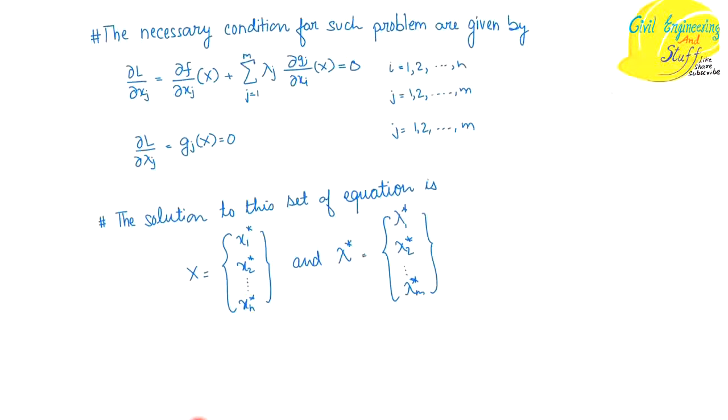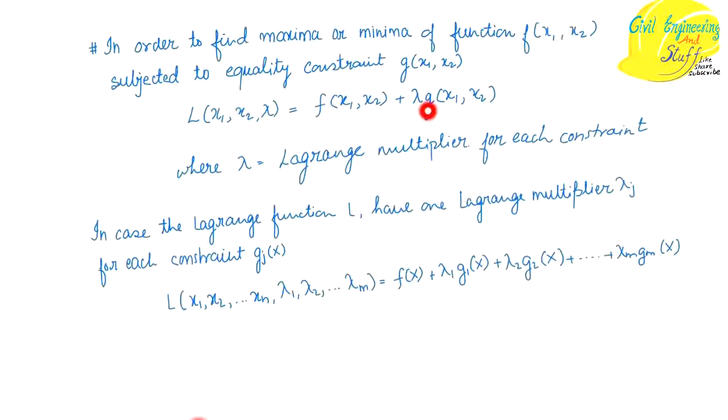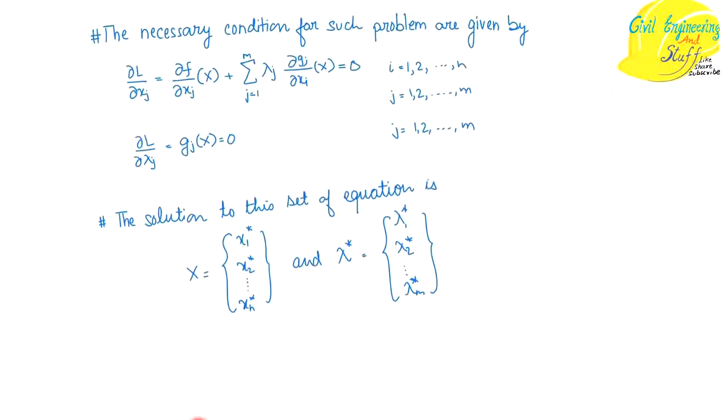So if we have variables x1 and x2, then this Lagrange equation will be partially differentiated with respect to x1, x2 and lambda, because the new equation also has a lambda parameter. So partial differentiation with respect to the number of variables involved will be done, and through this we will find the solution of the equation. That is, we will find the value of x1, the value of x2, and the value of lambda.